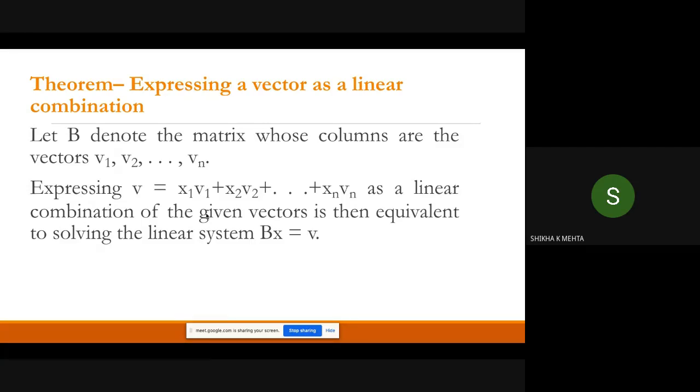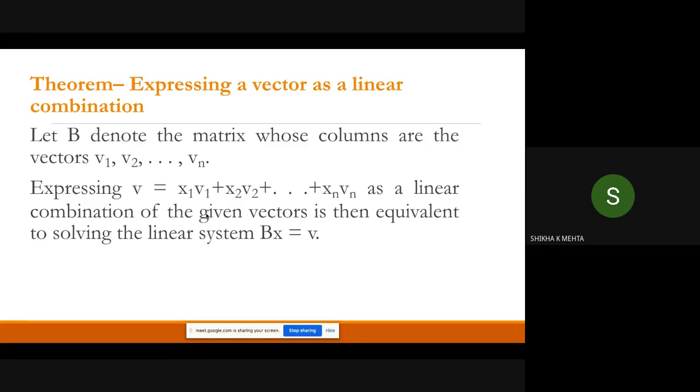So we express b is equal to x1 v1 plus x2 v2 plus x3 v3. What are these? x1, x2, x3 are the scalar values, and v1, v2, v3 are the vector values. So it is a linear combination of the given vectors, which is equivalent to solving a linear system of equations where Bx is equal to v.